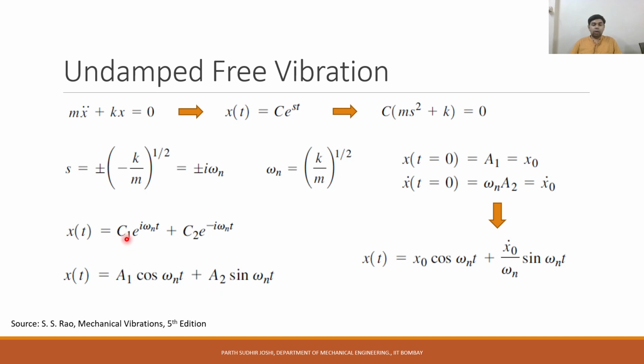And the unknown constants C1 and C2, or A1 and A2, whatever we consider, can be found out using the initial conditions. So the displacement at time t equal to 0 and the velocity at time t equal to 0 can be used to find out the values of the constants A1 and A2, and we get the final solution in this form.